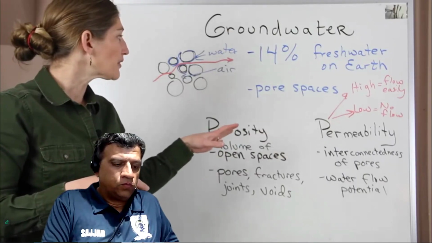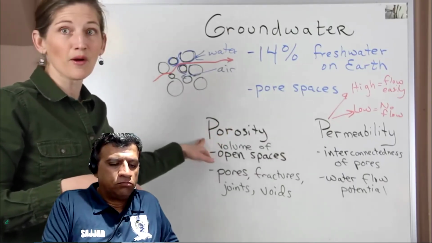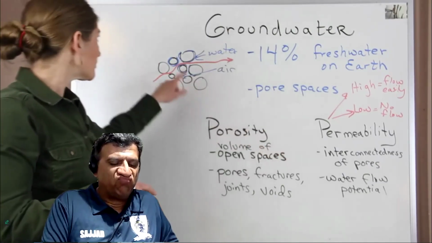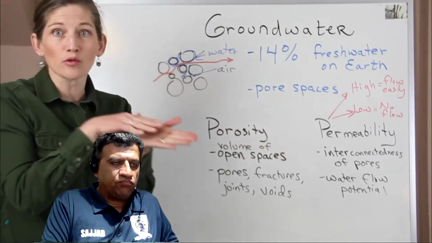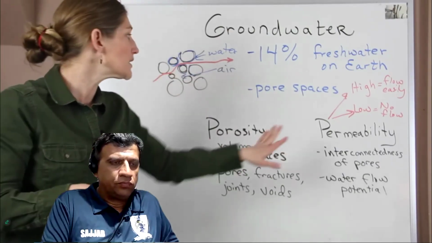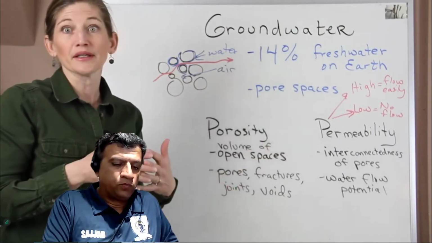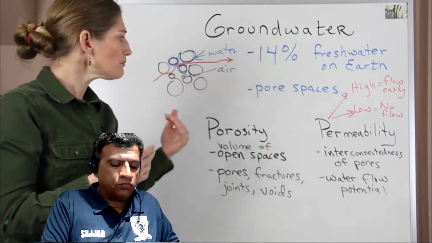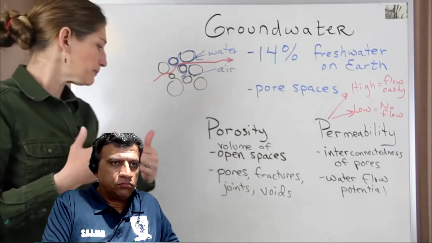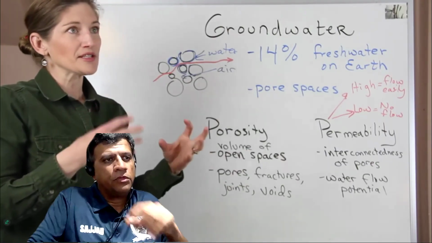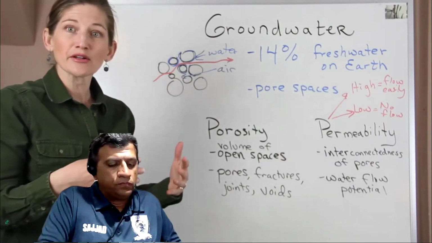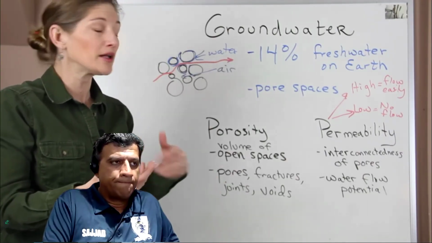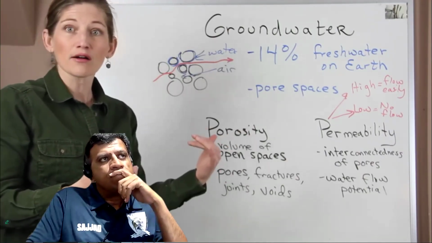If we have something that has some porosity, it has pore spaces, but a low permeability, maybe the grains are multiple sizes or they're locked together really closely, then we'll have a low permeability, and that means the water won't be able to flow through it very well. If we have a material that slows the amount of water that moves, so water can be stored within it, but it doesn't flow very well, we call that an aquitard.